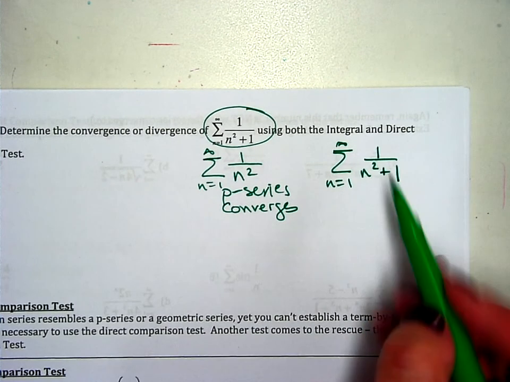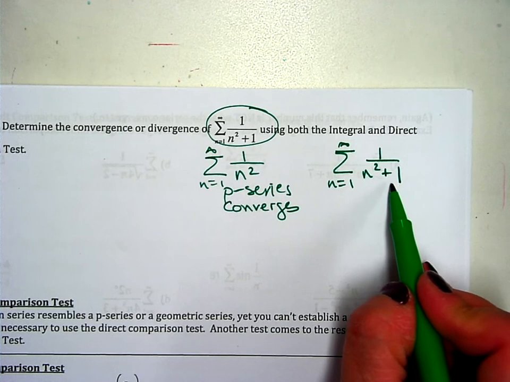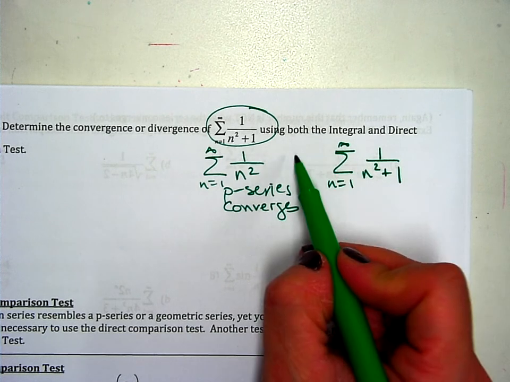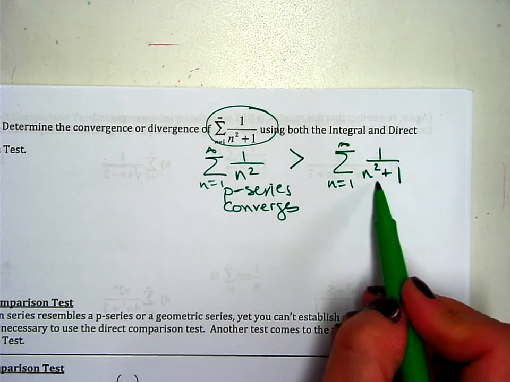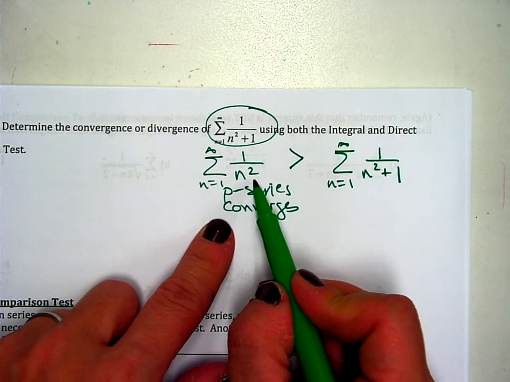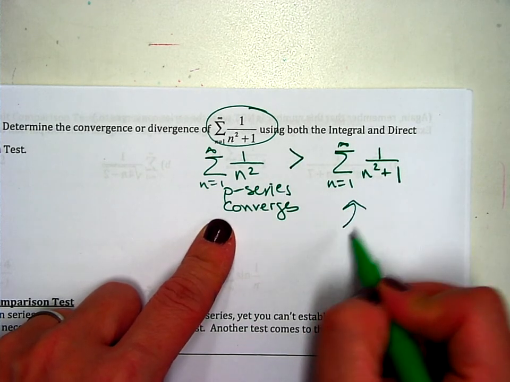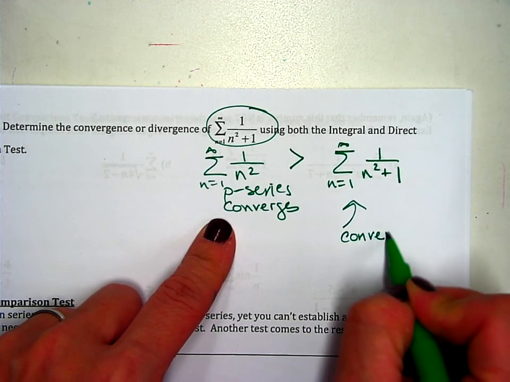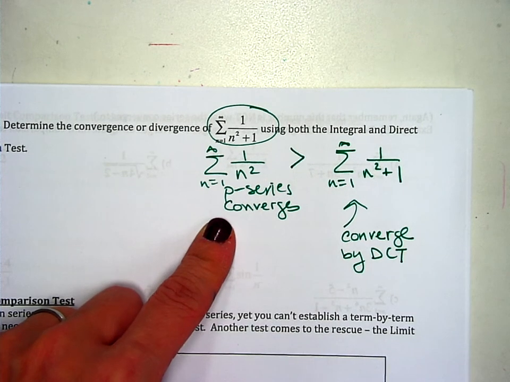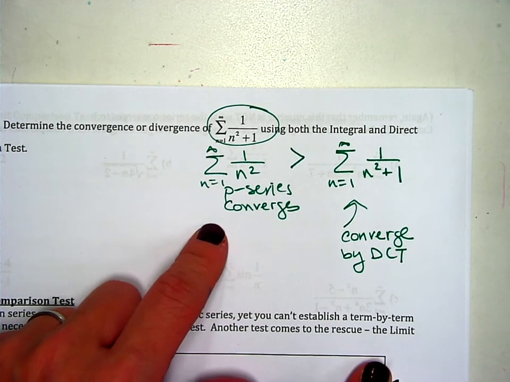So here I am adding a number to the bottom of the fraction, which makes the bottom bigger, but really the whole fraction gets smaller, so I can conclude that this is always smaller than this one. So if something converges, anything smaller will also converge by DCT.